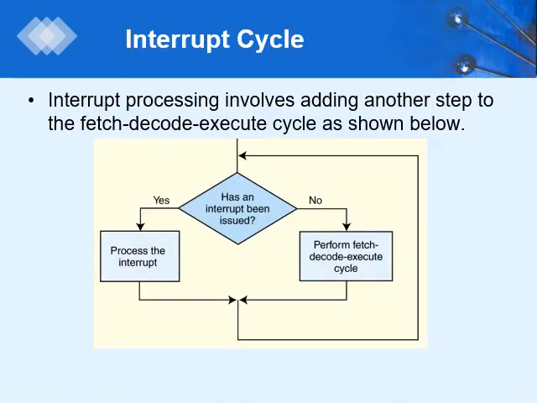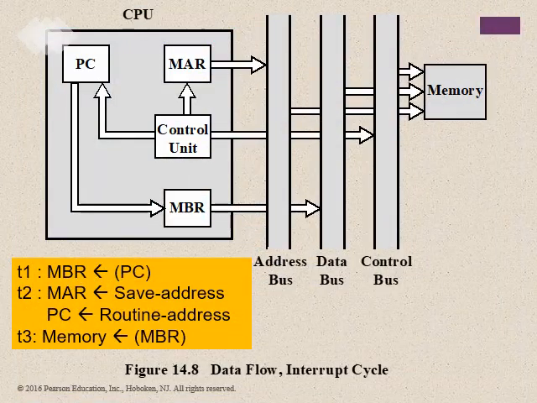Interrupt processing involves another step in fetch, decode, execute. Because if there's an interrupt, we need to pause our current execution and go to the interrupt handler. Like the fetch and indirect cycles, the interrupt cycle is simple and predictable, as shown in this slide, figure 14.8.